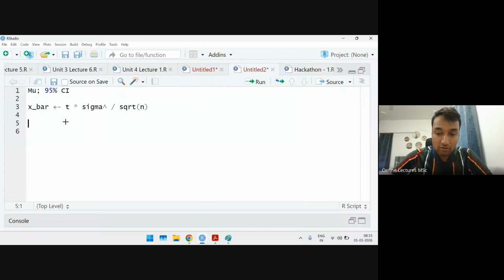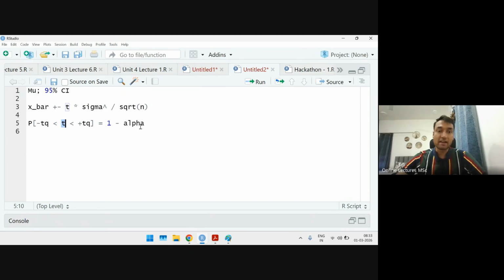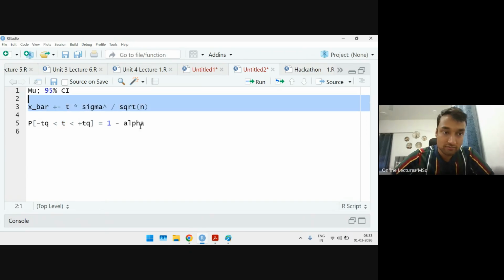If you remember how you calculate a confidence interval, you write down minus T, something like this, the quantity over here, and then you equate it to 1 minus alpha. This is the starting point of the confidence interval. Now you use the distribution of this T, or the statistic of this T, to find out the entire confidence interval.